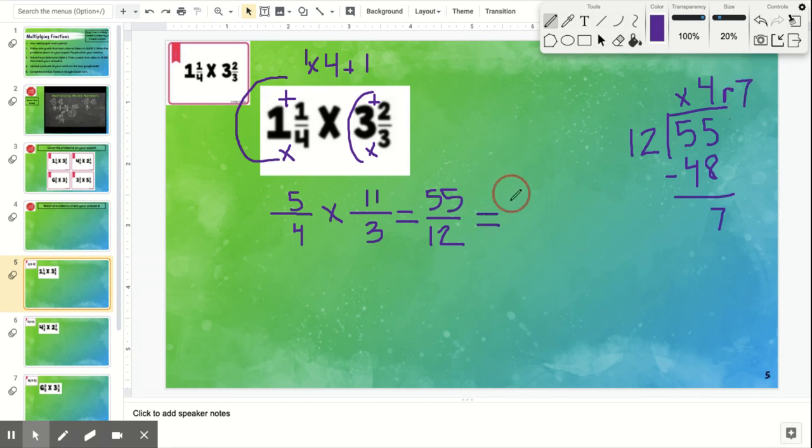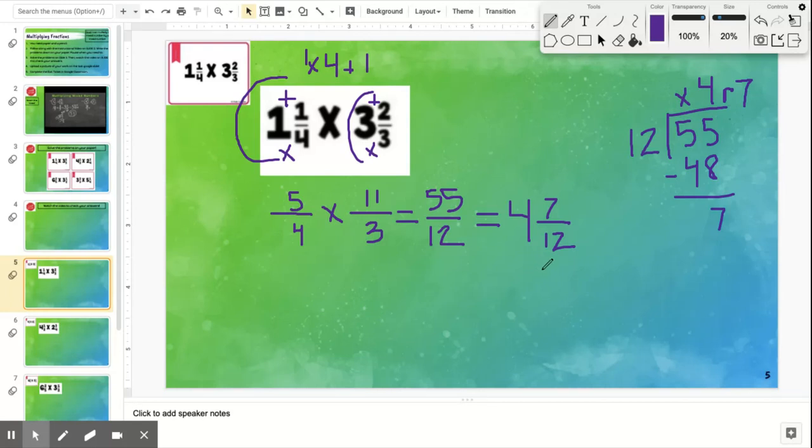So 55 twelfths as a mixed number is going to be 4 wholes and 7 twelfths. So 12 can go into 55 4 whole times. That's where our whole number comes from. The remainder is 7, so that becomes your numerator, and then denominator always stays the same.